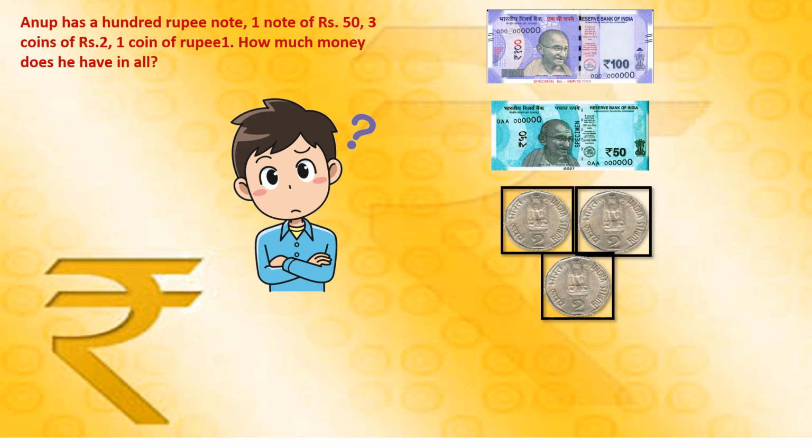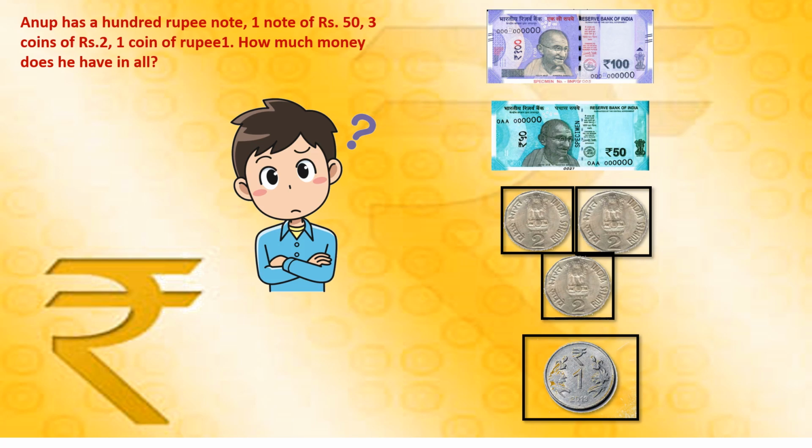Now 3 coins of rupees 2 makes 6, and then there is 1 rupee coin. If you add it, 100 plus 50 will give you 150. Now 3 coins of 2 is 6, so you add 6 rupees more, gives you 156. Plus you add 1 rupee more, you will get rupees 157.